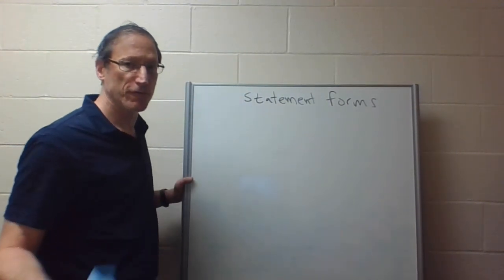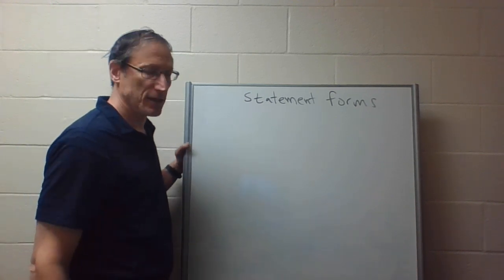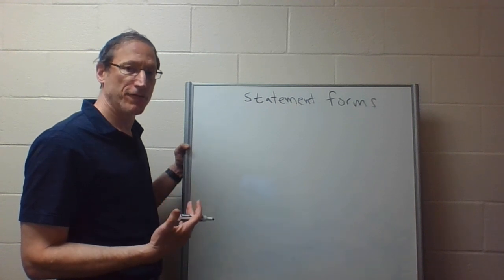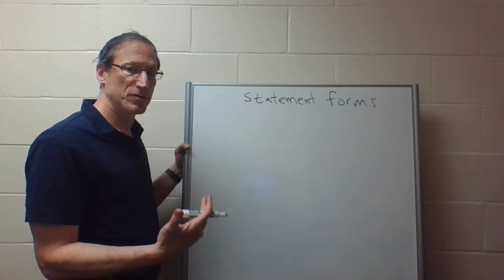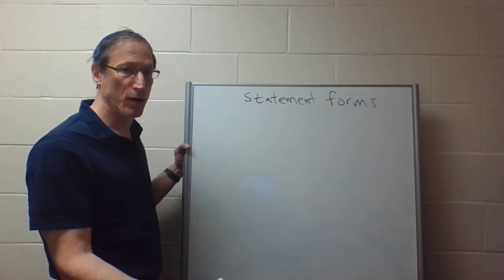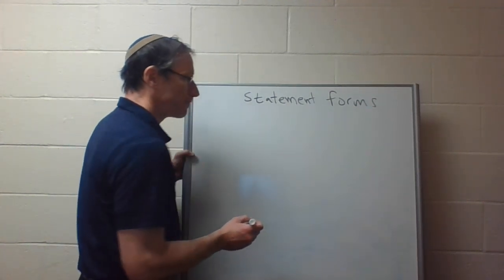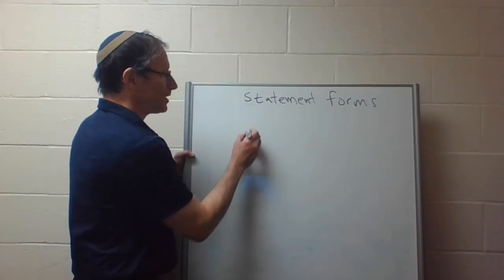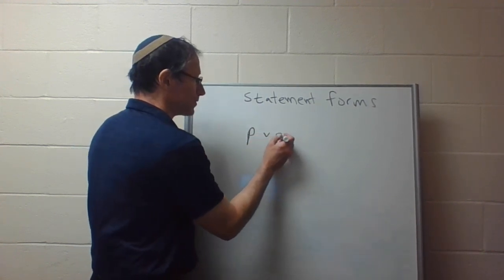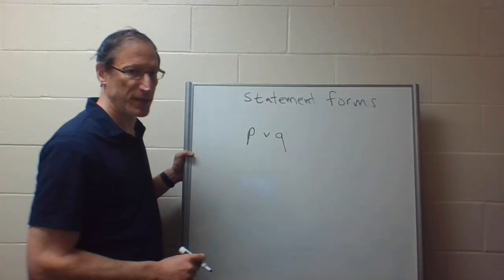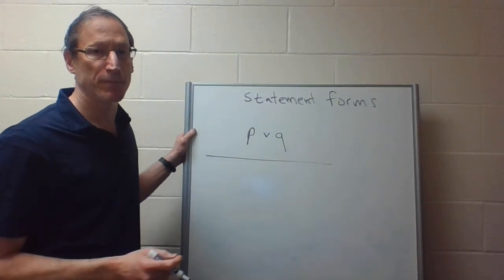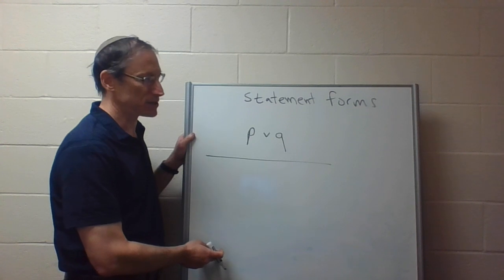We'll get to argument form shortly, but basically a statement form is a formula that is made up of simple components that are drawn from the middle of the alphabet, usually P, Q, or R. So for example, if I give you the following statement form, P wedge Q, that is a statement form, P or Q, and there is an infinite number of substitution instances.